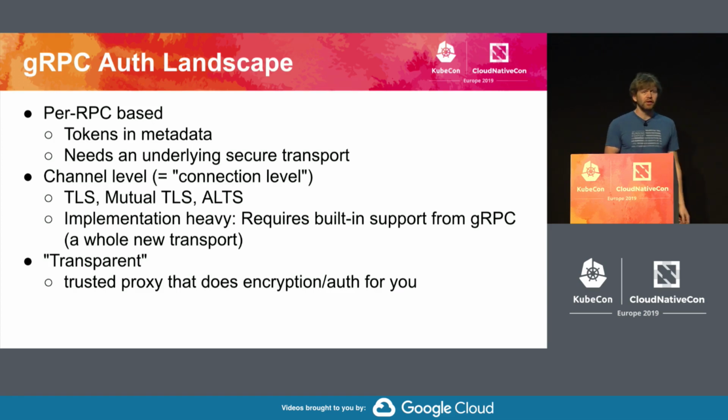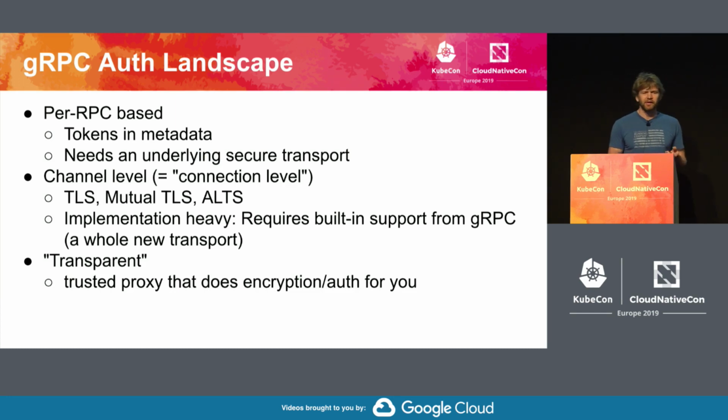The standard way to achieve this is through transport layer security. For gRPC, there are other transports besides TLS, but it's a little bit out of scope for this talk.